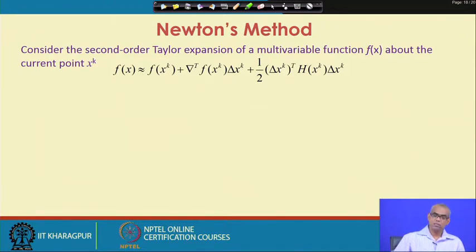This is the Taylor series expansion of a multivariable function f x about the current point x k, and we have retained only up to second order terms.